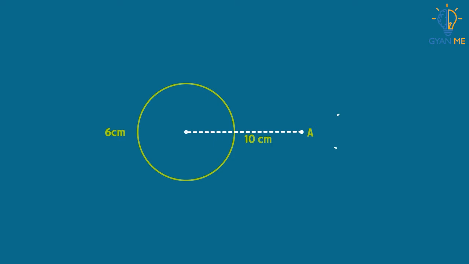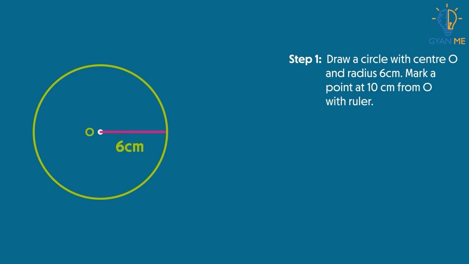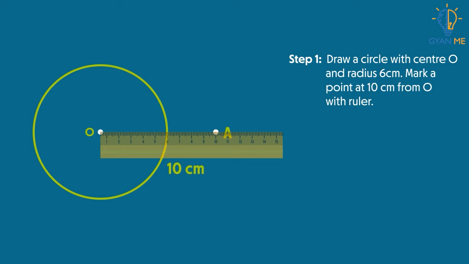Suppose we have a circle of radius 6 cm and from a point 10 cm away from its center, we want to construct the pair of tangents to this circle. The steps of construction are: Step 1. Draw a circle with center O and radius 6 cm. Mark a point A at 10 cm from center O with ruler.